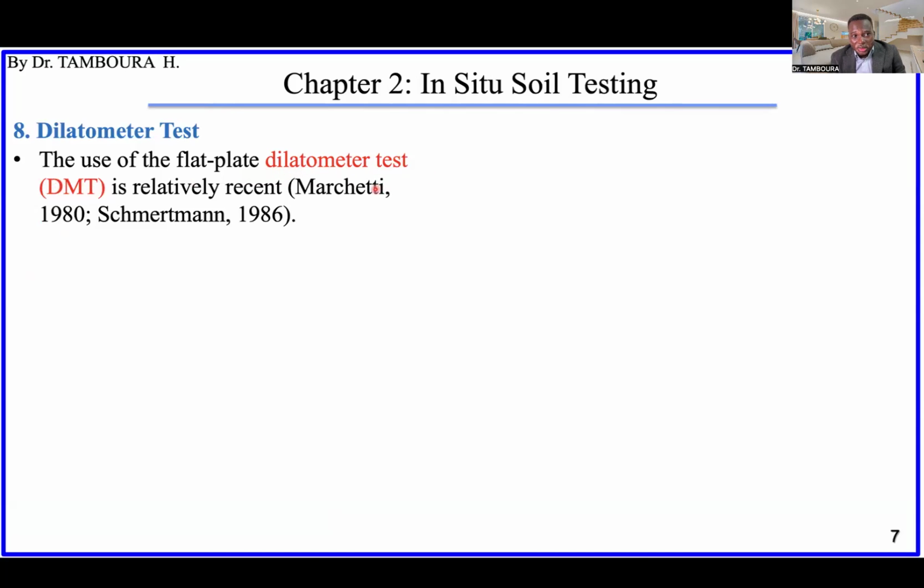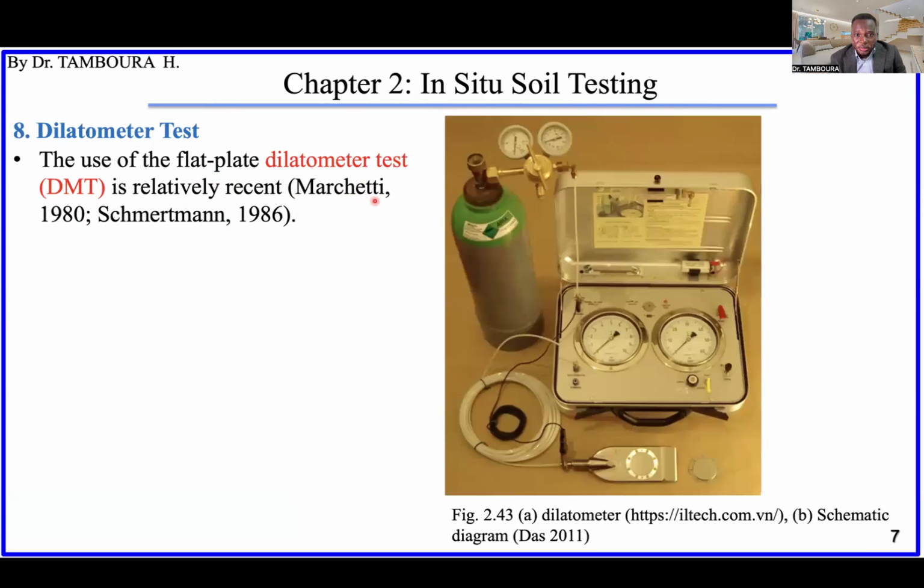This test uses a flat plate, which was invented by an Italian, Marchetti. I'm not sure if I'm reading his name very well. Marchetti. And this is the apparatus.